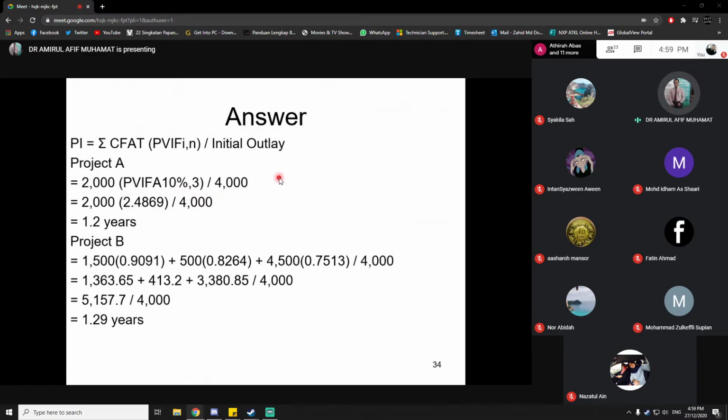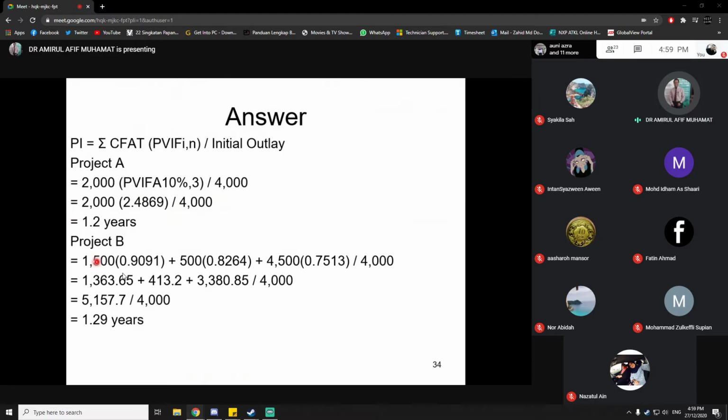For NPV, you find the factor, you times it with income, then you minus. For profitability index, you divide. You want to find the index, the ratio. So in this example, you divide, so your index is 1.2.